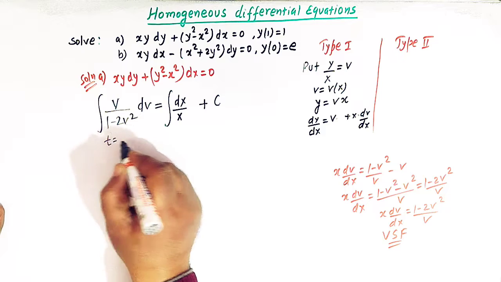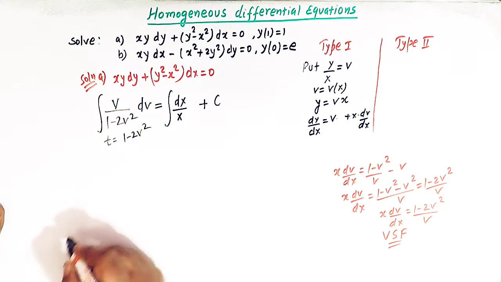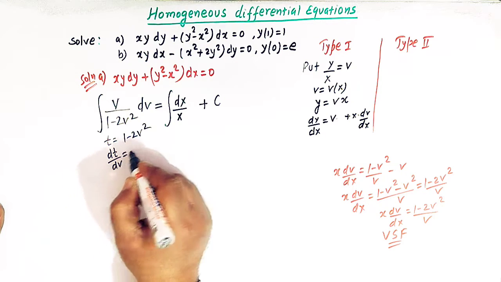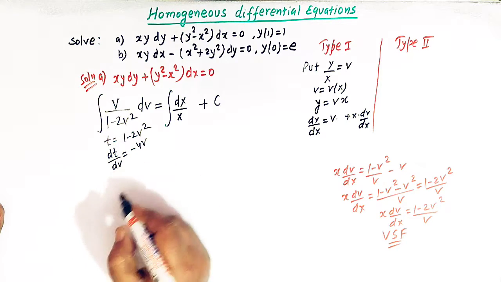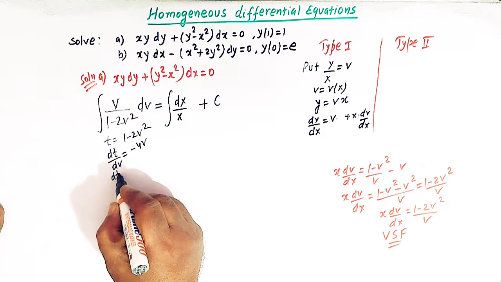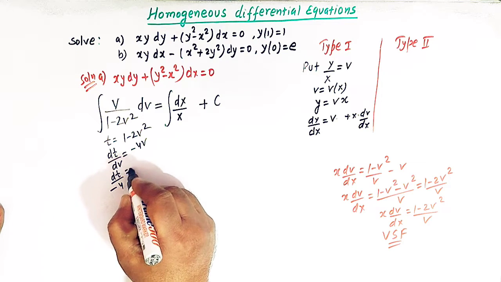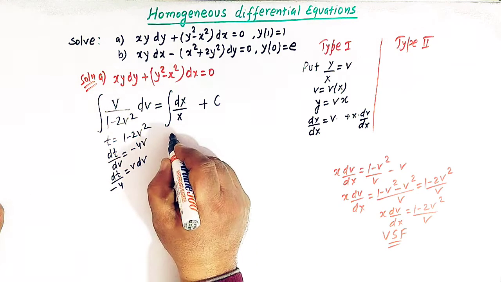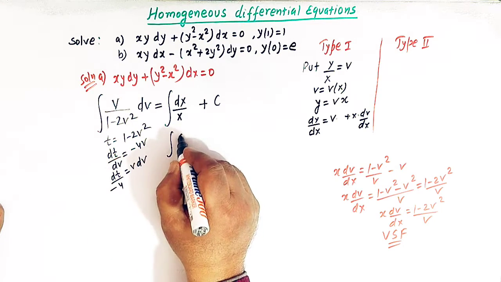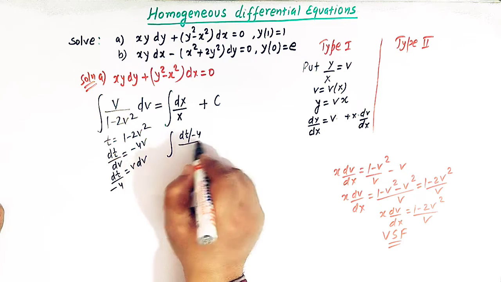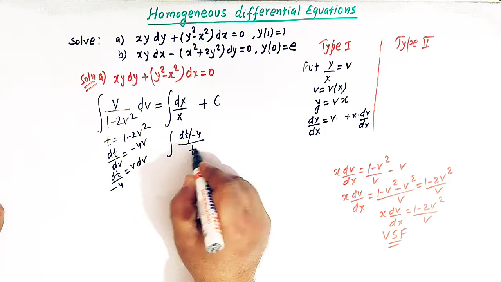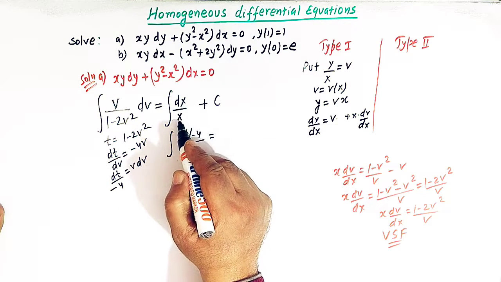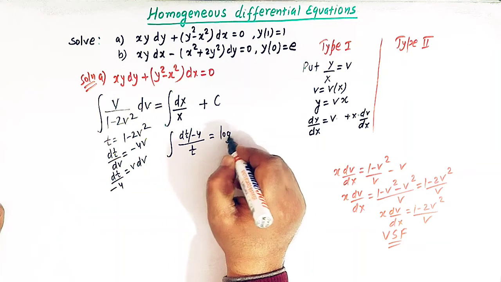So let us take t is equal to 1 minus 2v square, and here we have dt over dv is equal to minus 4v, and we can now write dt over minus 4 is equal to v dv. So v dv can be replaced by dt over minus 4. Here we have simply t, and here we have the integral 1 over x dx is log of x, right?